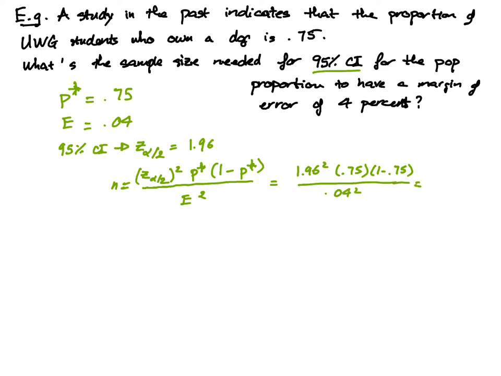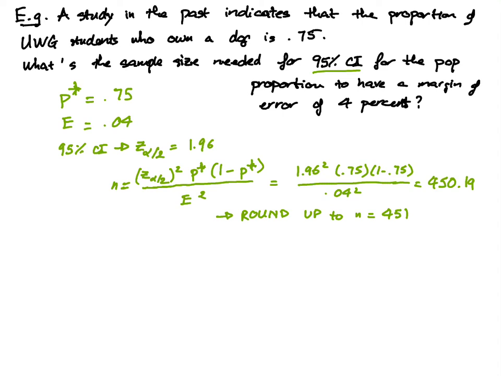If you do the math here, you get 450.19 as the answer. Again, this is the sample size, so we cannot have a decimal number. You would round up to the next whole number, so n is 451.